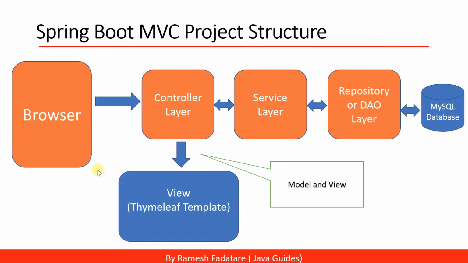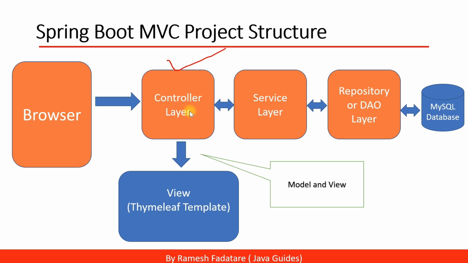Alright, now let's take a look at the Spring Boot MVC project architecture. This is the standard architecture that we are going to follow to develop our Spring Boot application, and this is the three-layer architecture. It has a controller layer, a service layer, and a repository or DAO layer. This is a widely used architecture in project development.